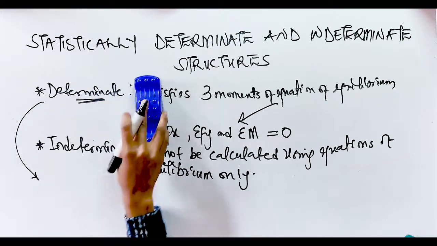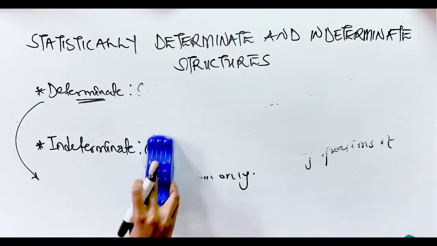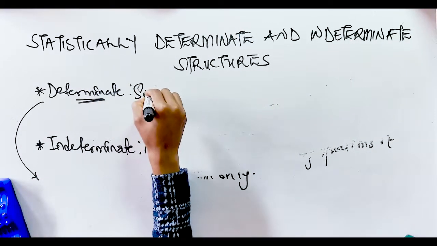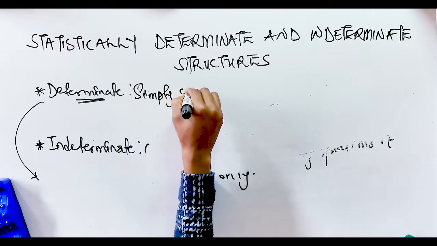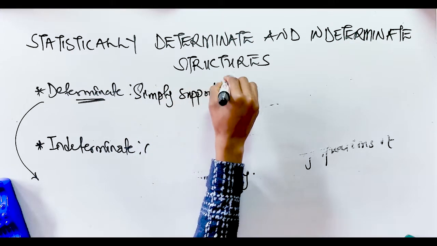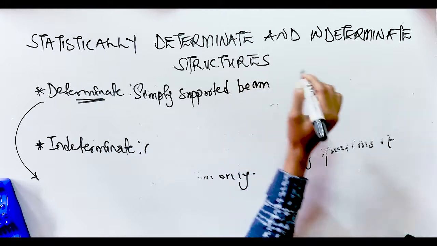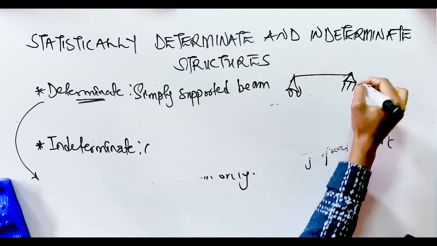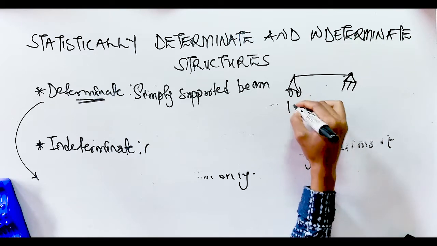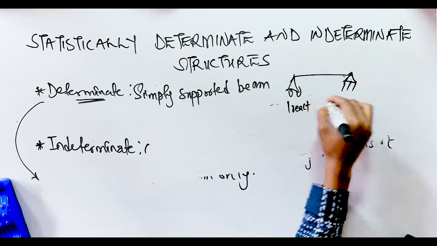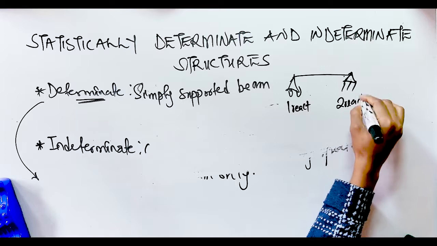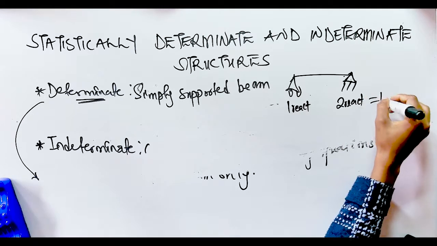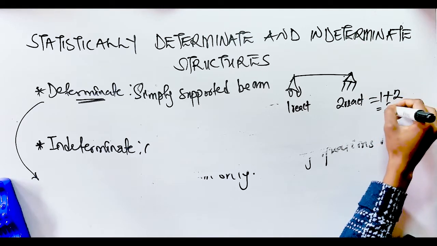So for statically determinate structures, we have a simply supported beam. You can see the reason why I gave you the types of beam first. A simply supported beam has a pinned support and a roller support. From our previous lesson, a pinned support has 2 reactions and a roller support has 1 reaction. So adding them together, we have 3 reactions.